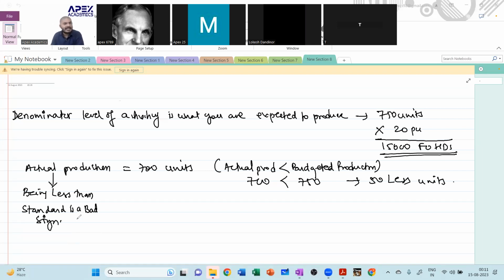The expectation is 750, you are doing only 700. That means 50 units less. How much are you expected to recover in cost per unit? 20. Therefore, you have recovered how much less? 1000 is recovered less. This is called under absorption.